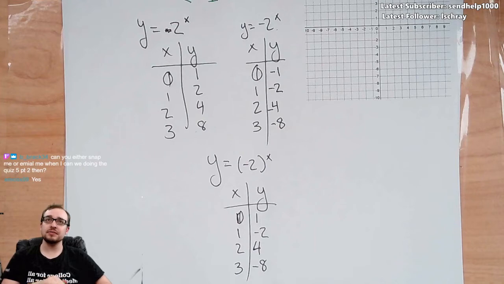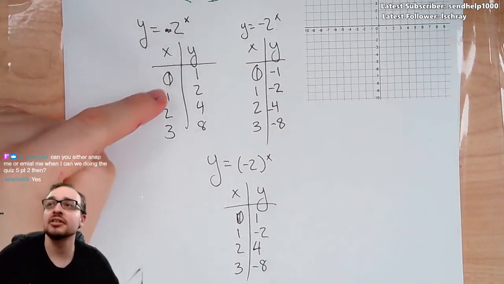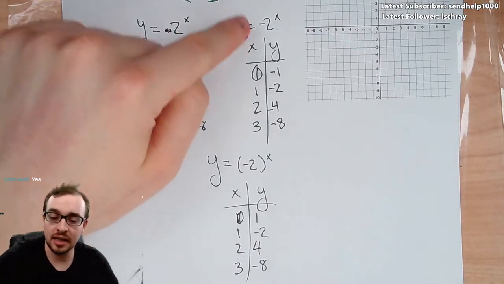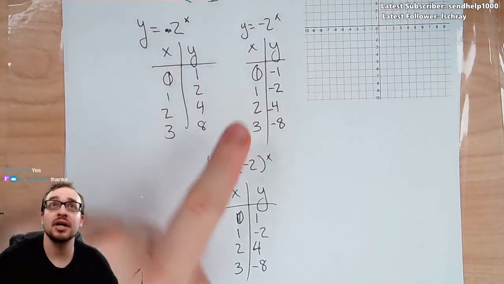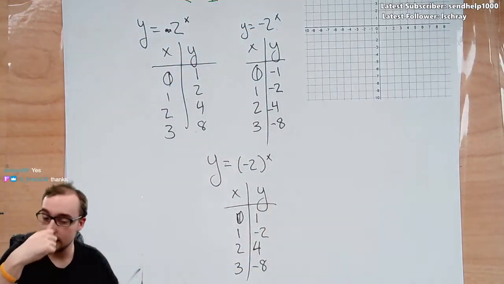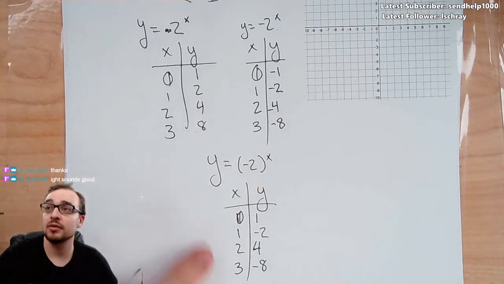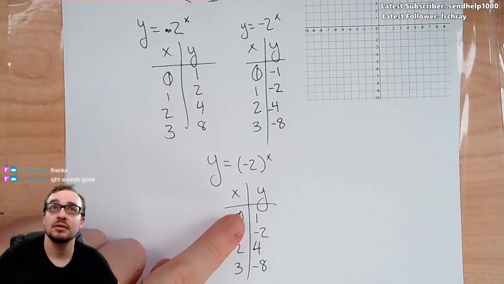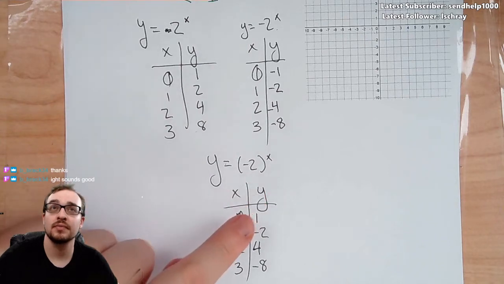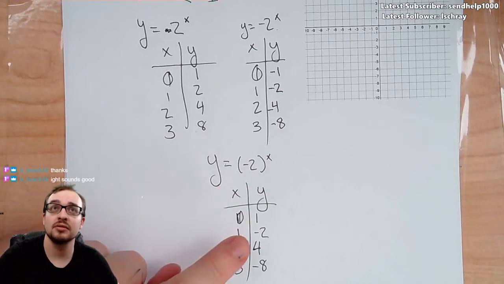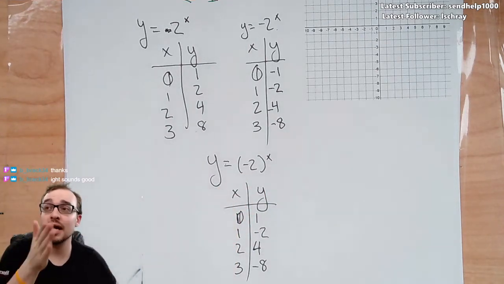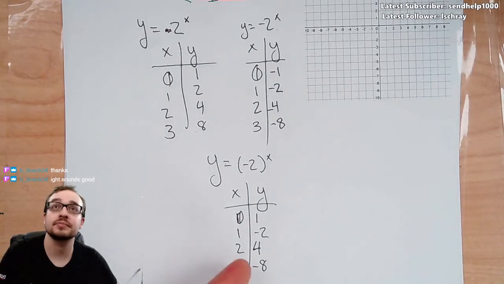Do we see the difference? 2 to the x is this. Negative 2 to the x is 2 to the x, but negative, right? Negative 2 to the x goes back and forth. Negative 2 to the 0th is 1. Negative 2 to the first is negative 2. Negative 2 squared is negative 2 times negative 2, which is positive 4.